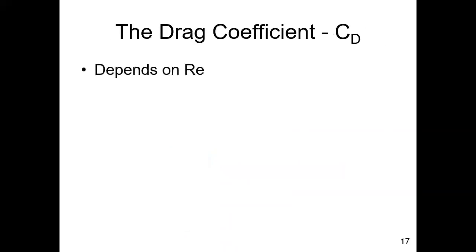So the drag coefficient. Drag coefficient depends on the Reynolds number. In some instances, for a certain range of Reynolds numbers, as you will see, the drag coefficient is almost uniform, it's constant. The Reynolds number depends on the fluid properties. Remember, the Reynolds number is velocity times some length dimension divided by kinematic viscosity of the fluid.